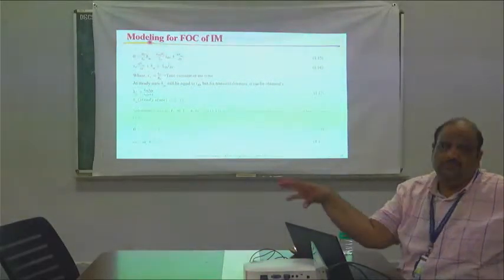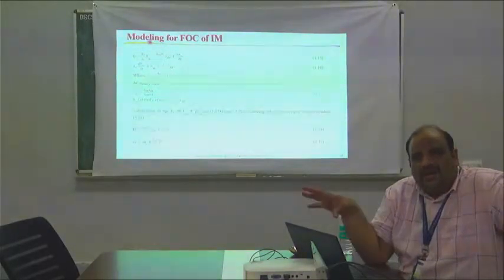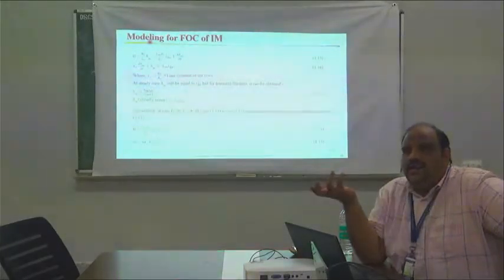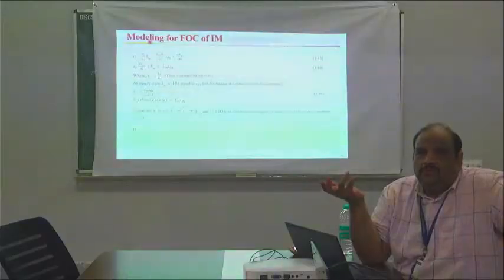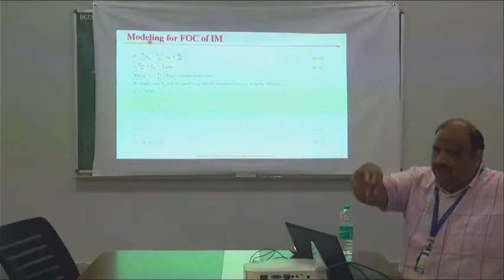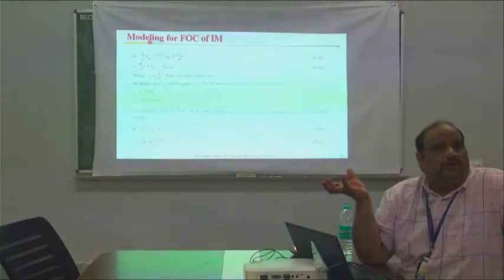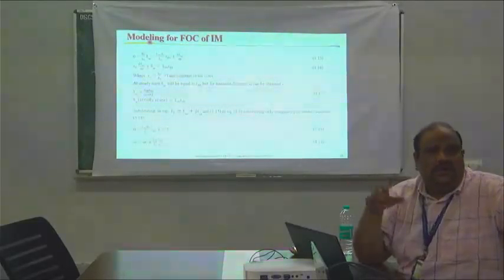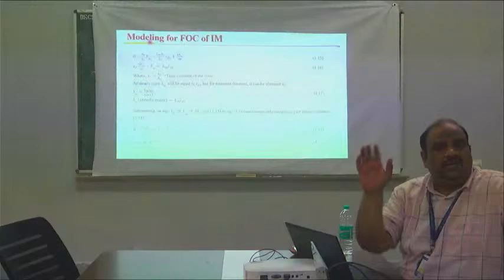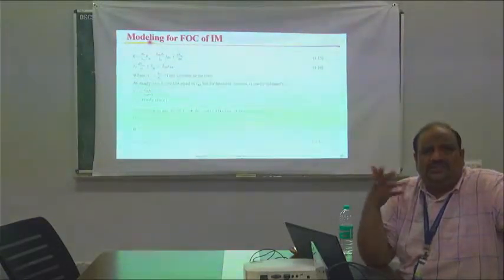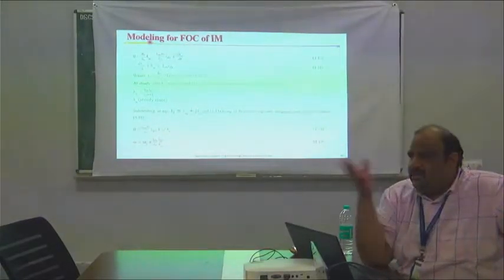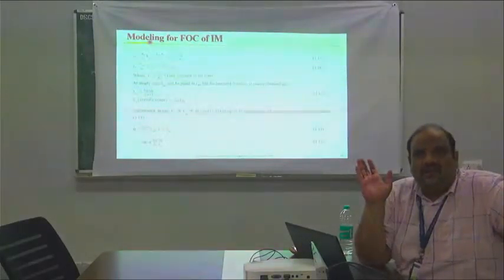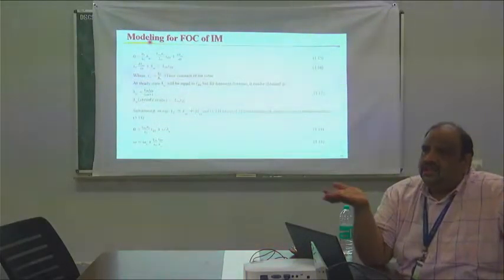So AI with power systems: what can be done? SCADA and machine learning on that SCADA data can predict what fault is going to come. Then you train that if this fault comes, how to react with your relays and breakers, or else you diagnose the fault earlier and avoid it. Such things can be done with the SCADA availability we have. Earlier, SCADA was first; after SCADA, the intelligence called AI tools is coming.